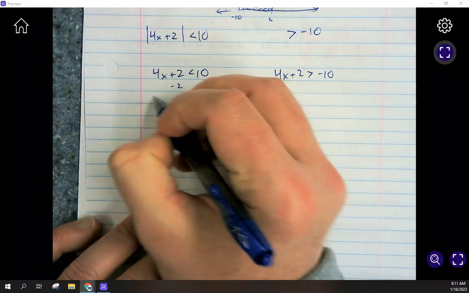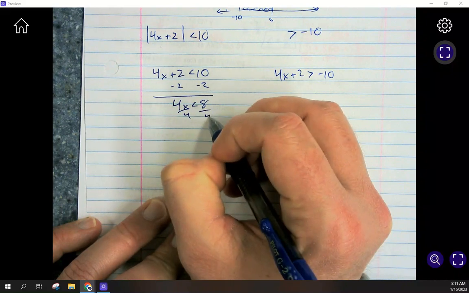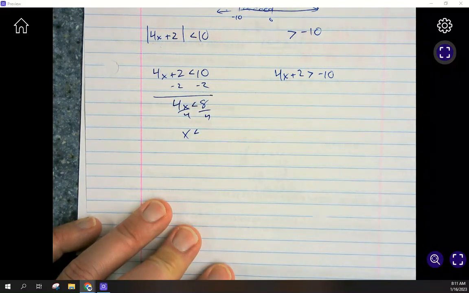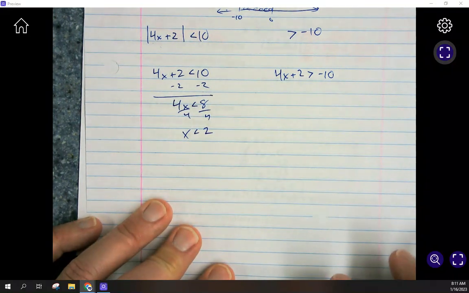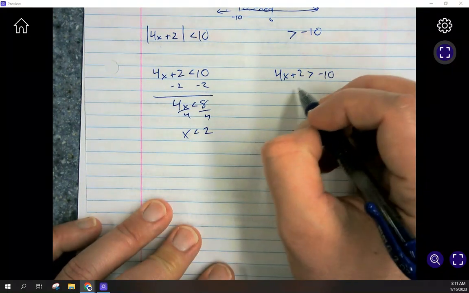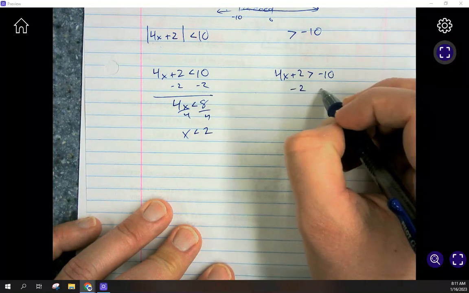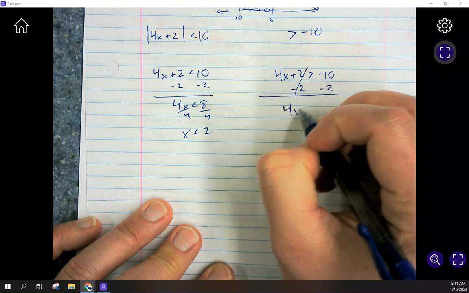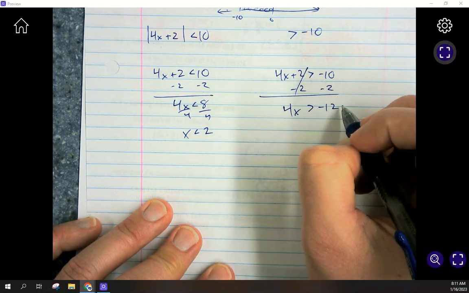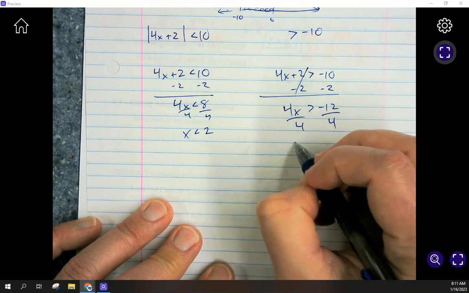So minus 2, 4x is less than 8, divide by 4. X is less than 2. And over here, we're going to minus 2. 4x is greater than negative 12. Divide by 4.